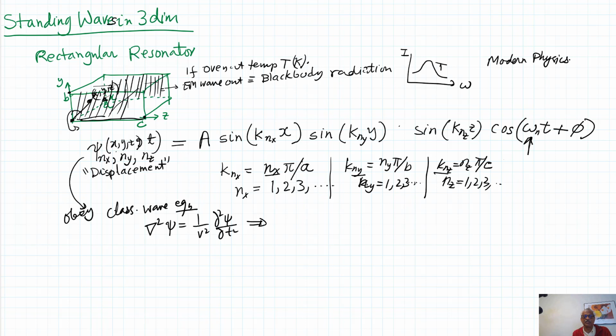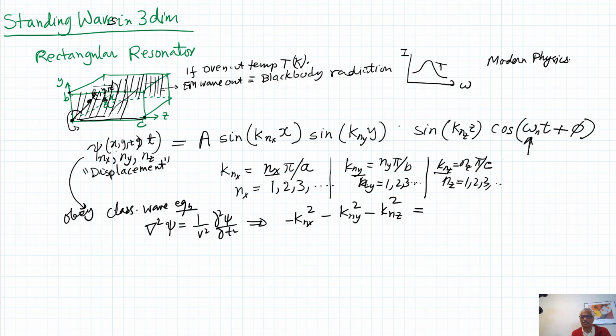When I do the x derivative, I get k nx square with a minus, since sine goes to cosine and back to sine, and this is minus k ny square, and minus k nz square.